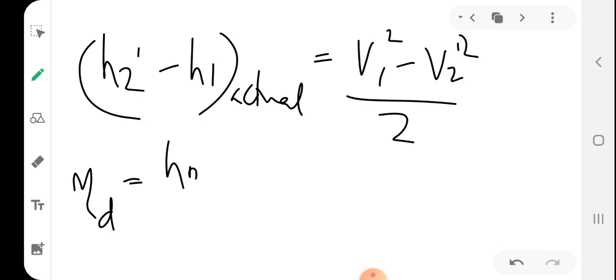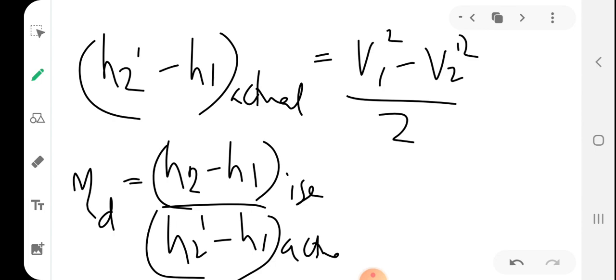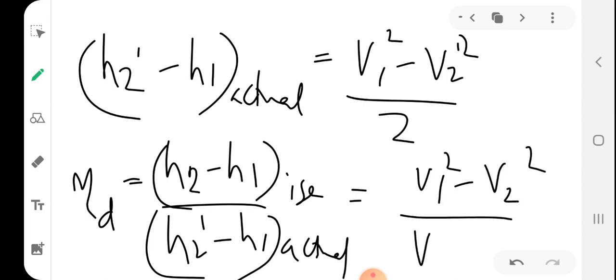So H2 minus H1 by H2 dash minus H1, this is isentropic by actual, is equal to V1 square minus V2 square by V1 square minus V2 dash square. This is how we define the efficiency of the diffuser.